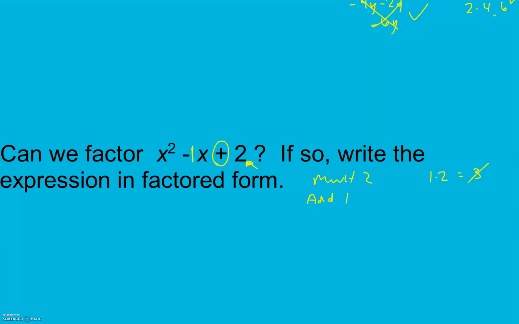And there's no other options to multiply to 2 that are integers or whole numbers. So here we cannot factor it. We also could say that this is a prime trinomial, because again, we cannot multiply to 2 and add to 1.